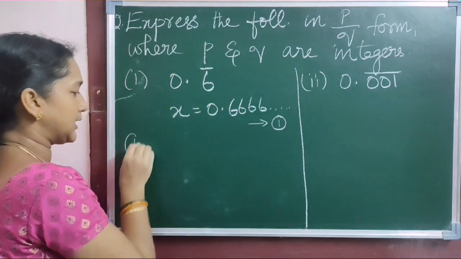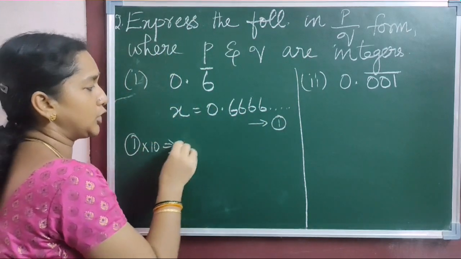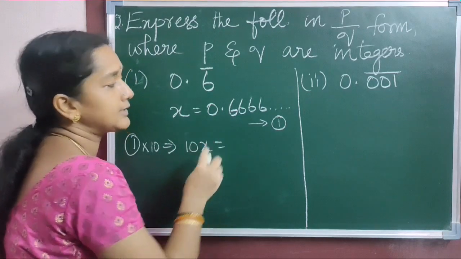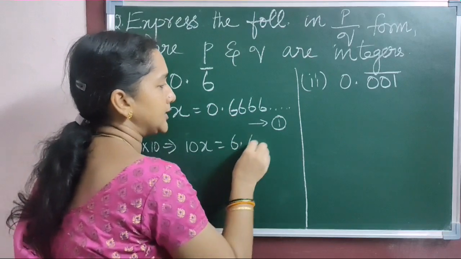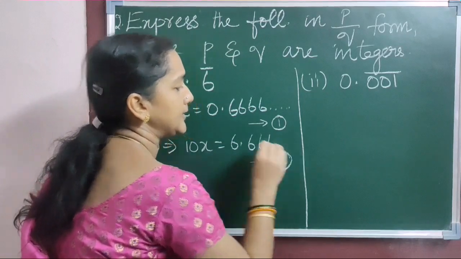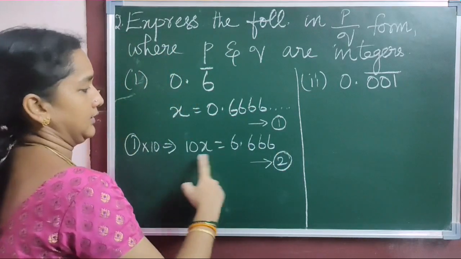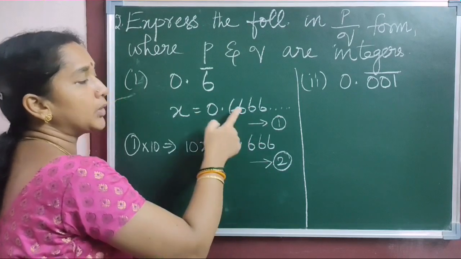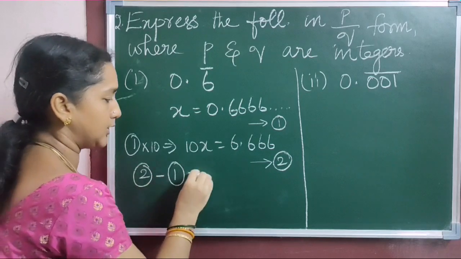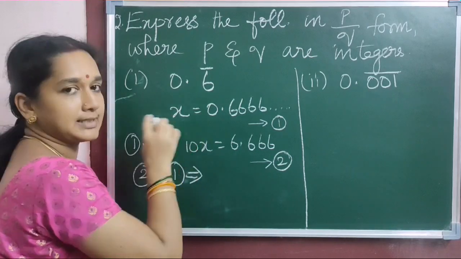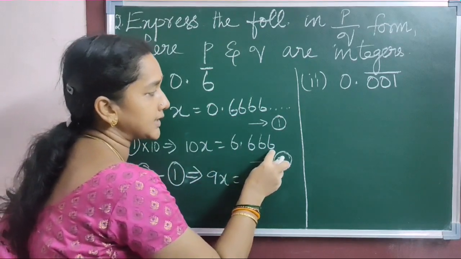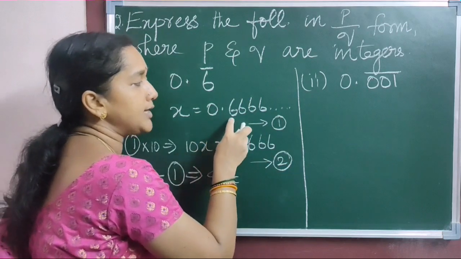You multiply this first equation by 10. Both the sides you will be multiplying by 10. So it will be 10x is equal to 6.666. Take this as the second equation. When you subtract the first equation from the second, 10x minus x will be 9x, and on this side 6.666 minus 0.666.